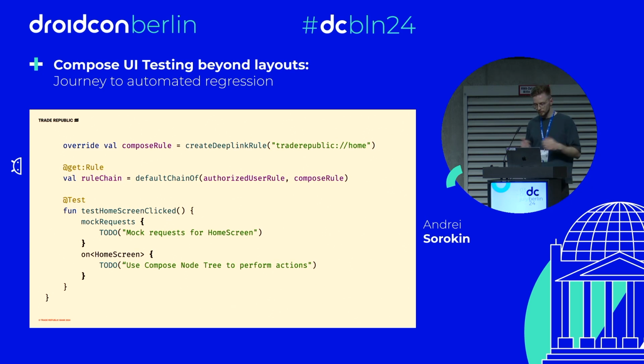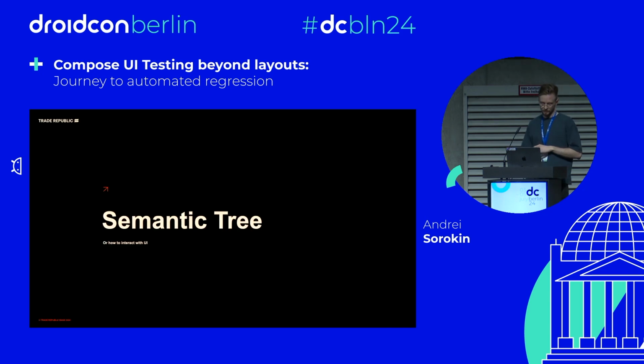So you would use a rule for that to reuse all of the setup for it. And what I suggest is, let's create a factory that would provide us a rule chain with all of the default rules you might want to have in the test. And there you could have a logcat rule or something like that, whatever makes sense for you. And then in every test, you know where to find them.